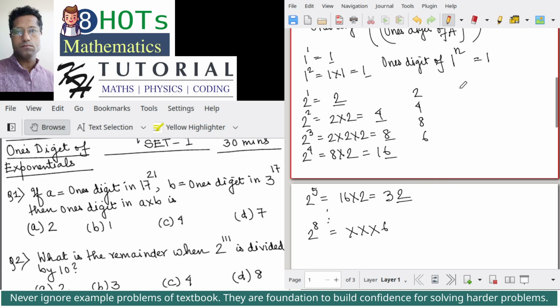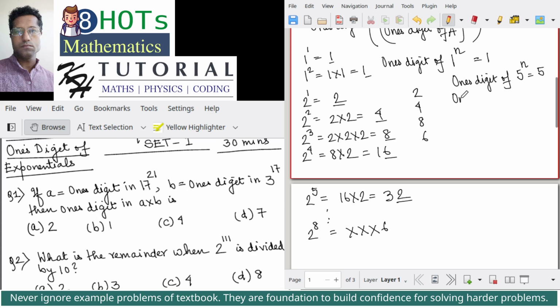Now for 5, you can see that if you take any power of 5, the last digit will always be 5. So the ones digit of 5 to the power n, where n is any positive integer, is always equal to 5.